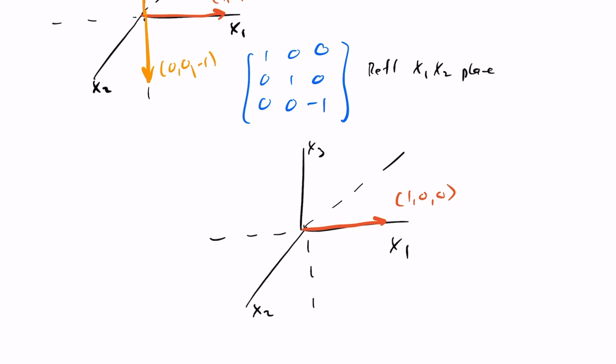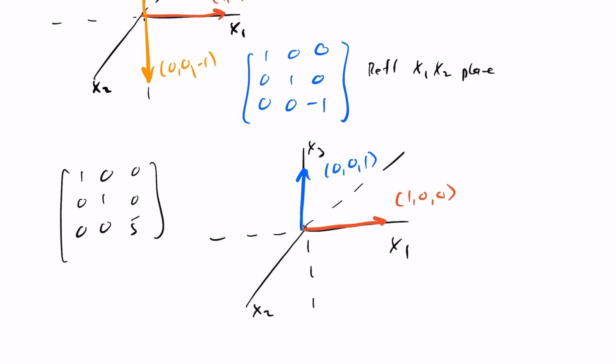So if I write down my transformation matrix, it's unchanged. The same thing will happen for 0, 1, 0, since its third coordinate is 0. However, if I take the vector 0, 0, 1 and stretch it by a factor of 5 in the x3 coordinate, it's going to be stretched in that direction. So this will give us 0, 0, 5.